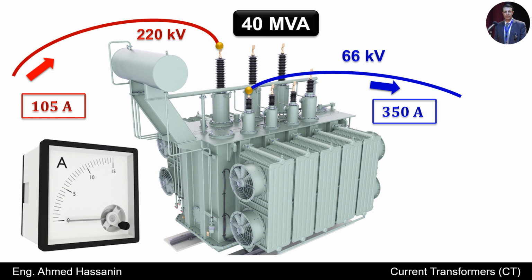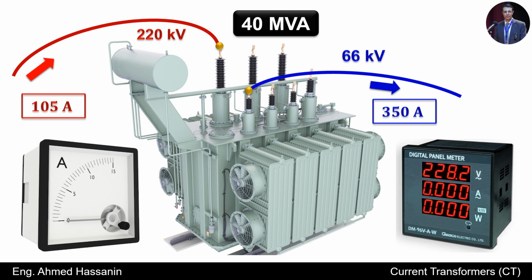If we want to measure the electric current that will flow on both sides of the transformer, can we do that using an ammeter as was done previously with the motor? In another way, can we cut the 220 kilovolt line or the 66 kilovolts line and put a series ammeter to measure the electric current that will flow on the line as was done in the case of the motor?